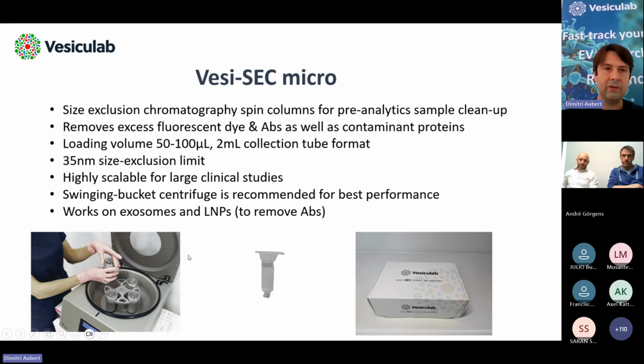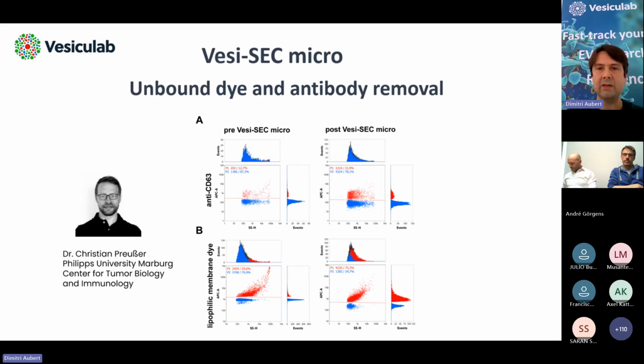Over the past few months, these columns have been extensively used, and their efficiency has been demonstrated. Here, Christian Plosser at Marburg University used the column to remove unbound anti-CD63 antibody used to label EVs before nano-flow cytometry, as well as a lipophilic membrane dye.